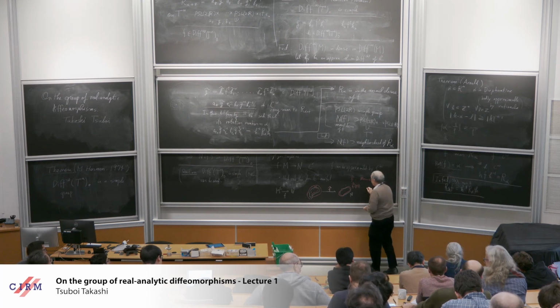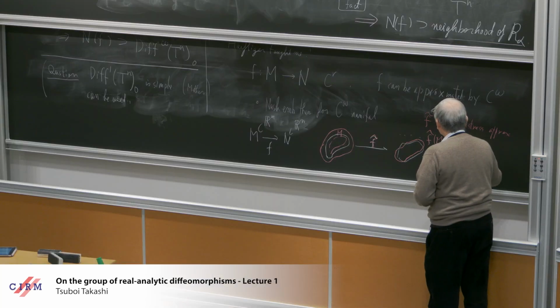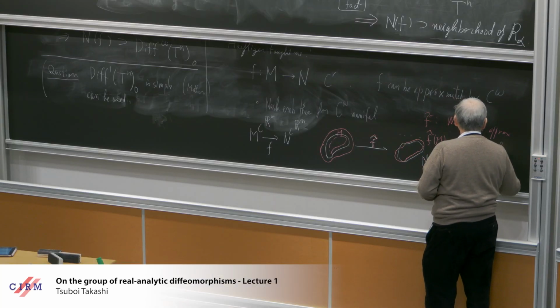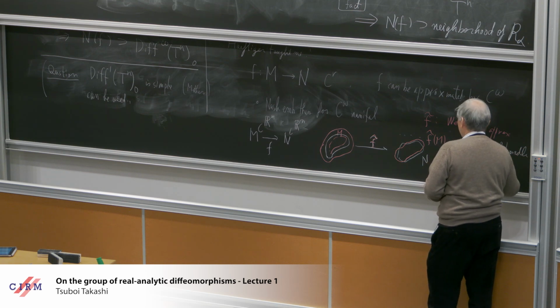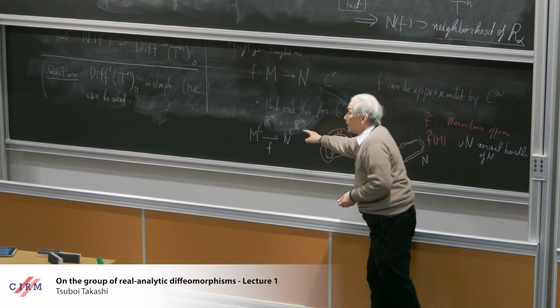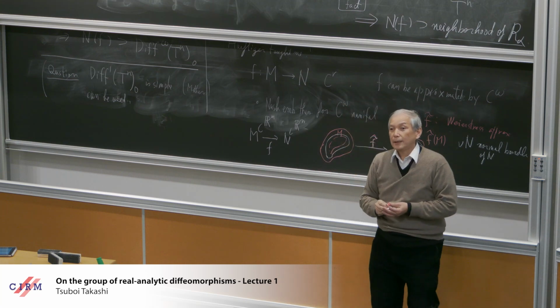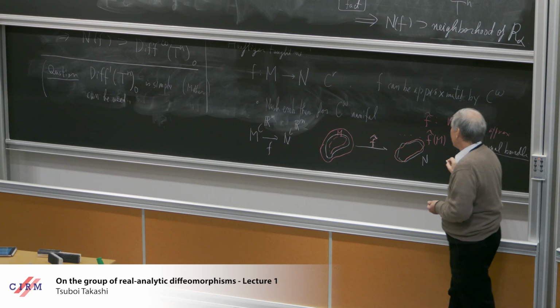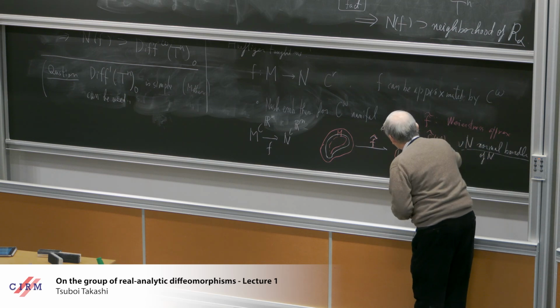So we have a normal bundle of F in this R^n, and we have the normal bundle projection. So there is a projection.